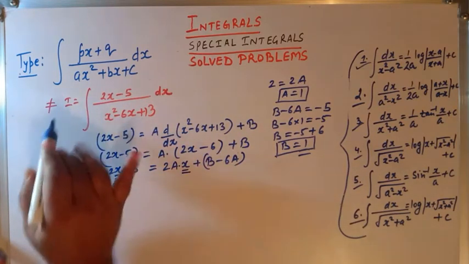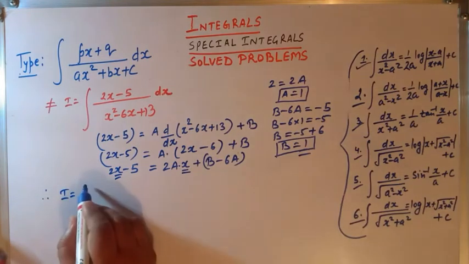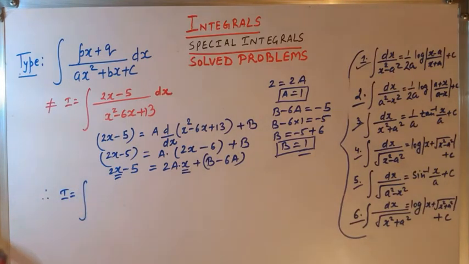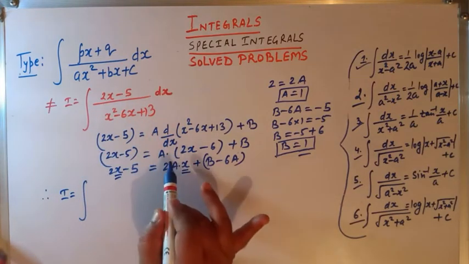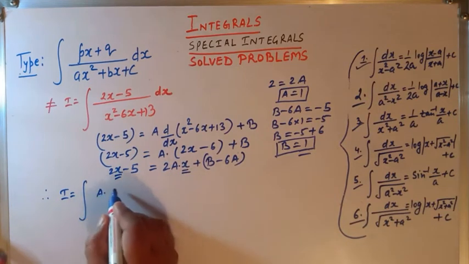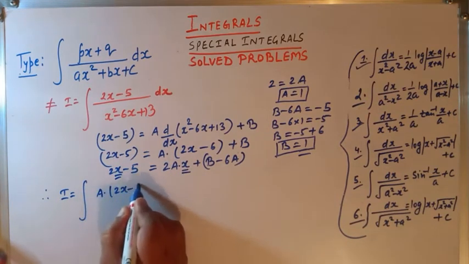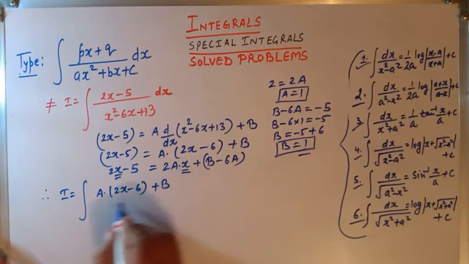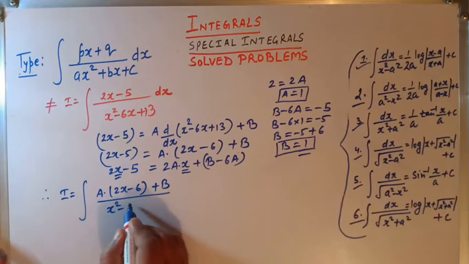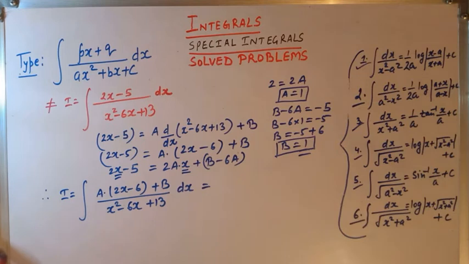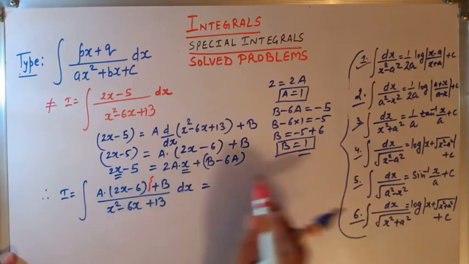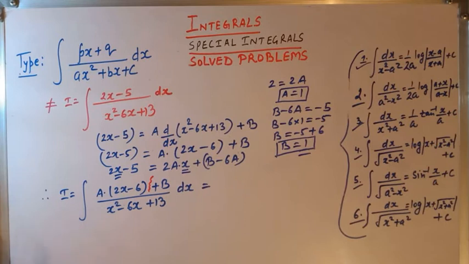Now this integral I can be expressed as, this 2x minus 5 can be written as a times (2x minus 6) plus b, divided by x square minus 6x plus 13. Clear? Now viewers, let us first substitute the values of a and b here.